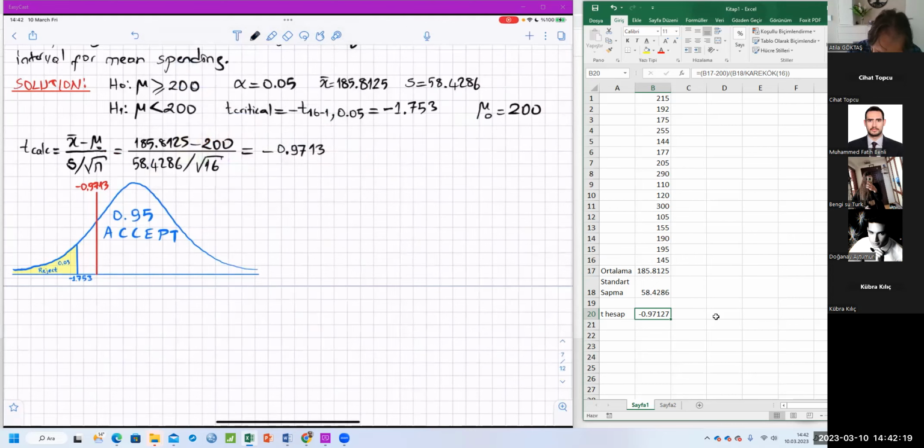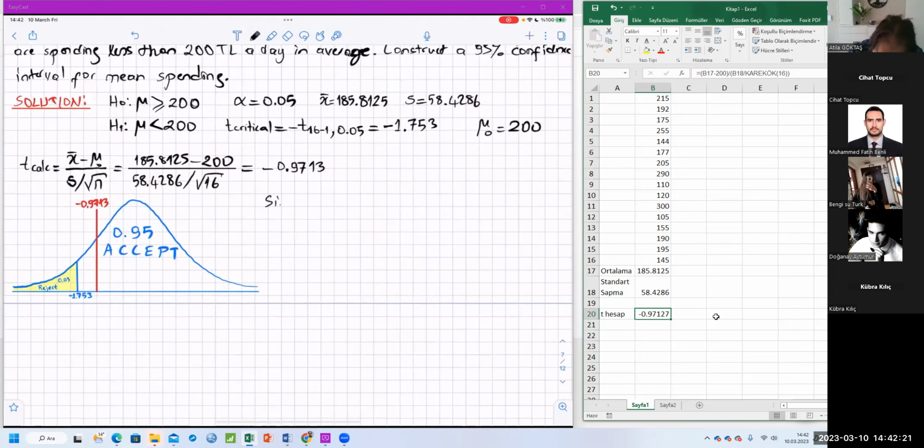The calculated statistic, since minus 0.9713 is not less than minus 1.753, then the null hypothesis is not rejected.